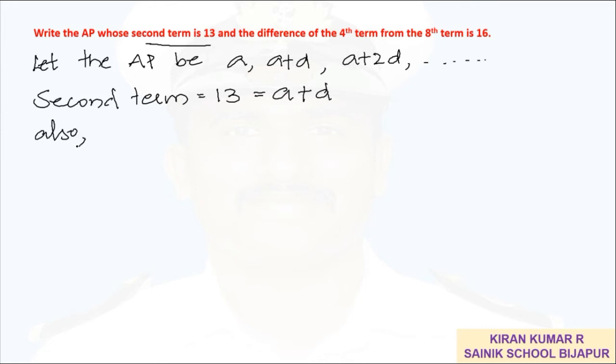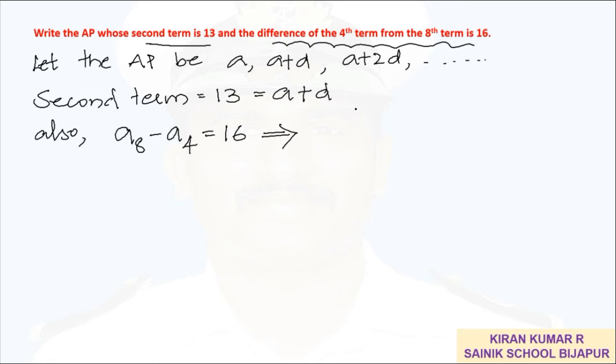Also, they have given the difference of the fourth and the eighth term. What does it mean? A4 and A8, difference A8 minus A4 is 16.